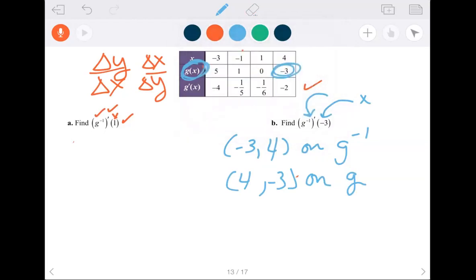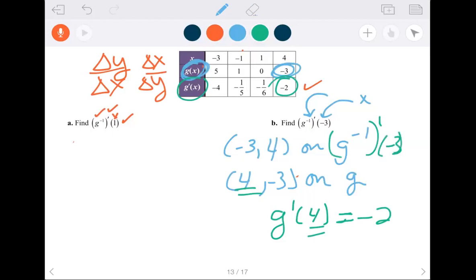I can find g prime at 4. All I do is go to g prime at 4. It's a -2. But the derivatives of inverse functions at image points are reciprocals. So g inverse prime at -3 will be the flip. We don't take the opposite, we just flip it.